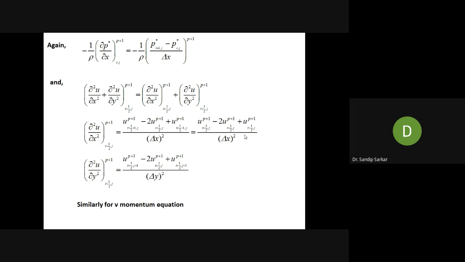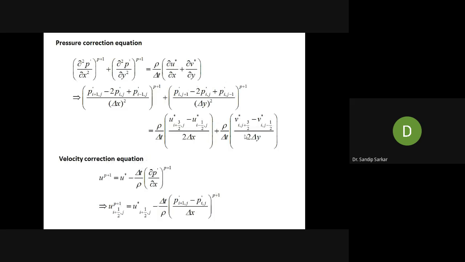Okay, so next slide. Now the pressure correction equation, because we again have a pressure correction equation that has to be solved for the numerical calculation of the momentum equation. So what is the pressure correction equation? Del 2 p prime del x2 plus del 2 p prime del y2 at p plus 1 level equal to rho by delta t, del u star by del x plus del v star by del y. This is a Poisson equation for the pressure correction that we already defined in the last class.